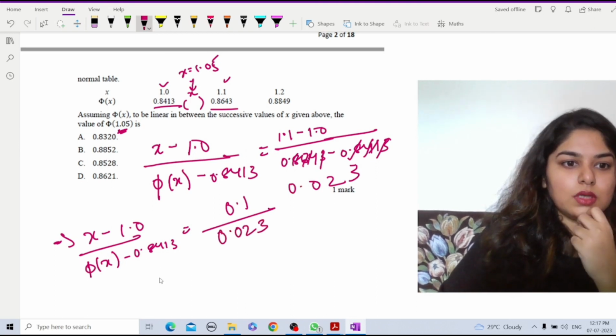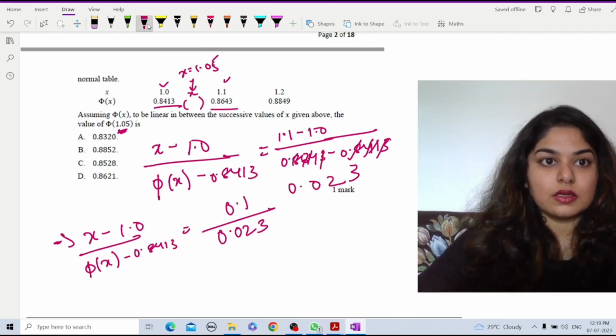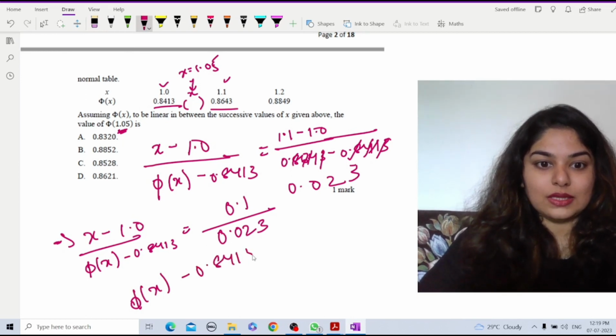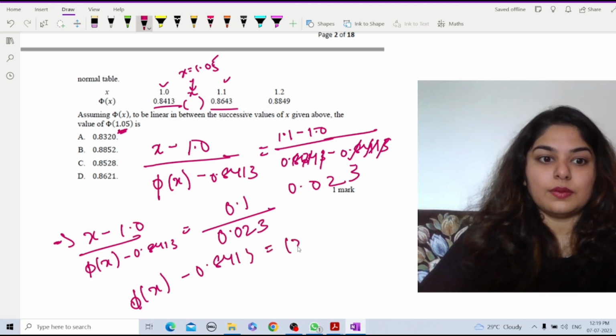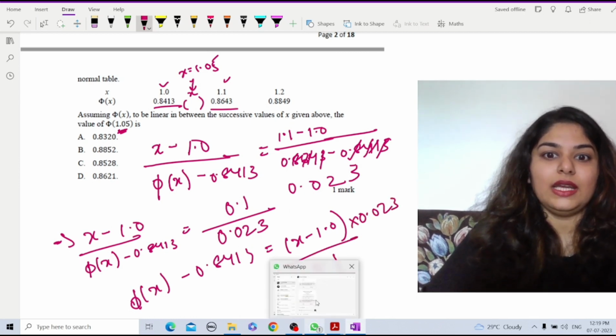Okay, now from here what we can write down is phi x minus 0.8413 is equal to x minus 1.0 into 0.023 by 0.1, right?